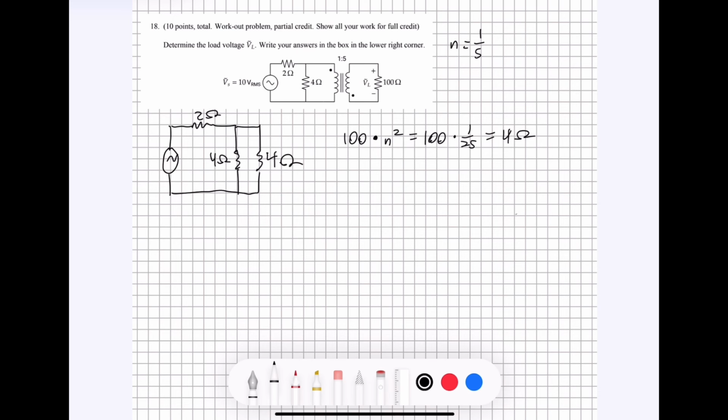Now we want to do some resistor combining, which should be pretty easy for us at this point in our ECE 2K1 learning. We know the equivalent resistance of these two parallel 4 ohm resistors, using this equation, is going to be 2 ohms. So if we redrew this circuit with just one resistor here, it would be 2 ohms.